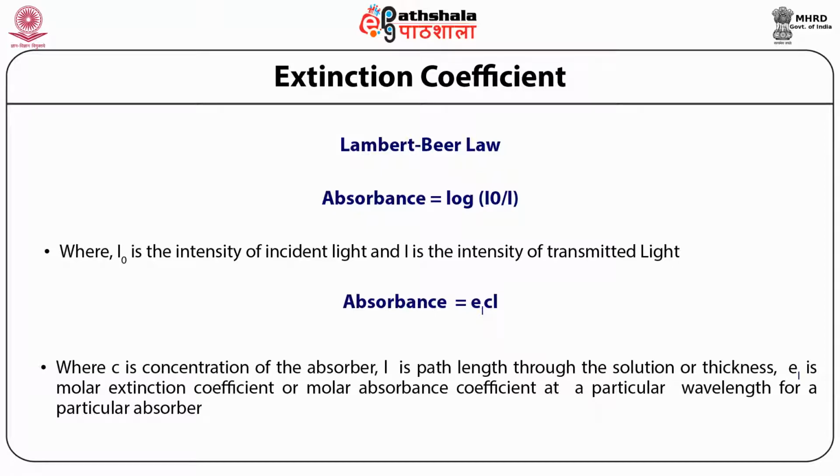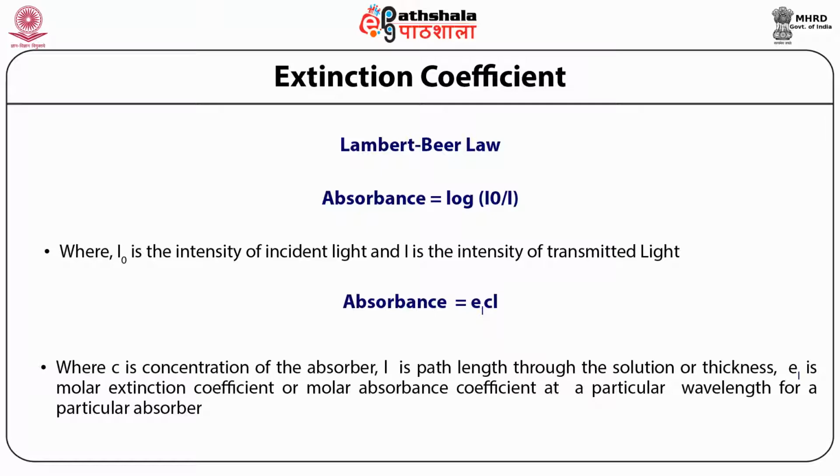This absorbance is simply given by the product of molar extinction coefficient at a particular wavelength for a particular protein with concentration of the absorber protein and path length through which the light passes through the solution, that is the thickness of the cuvette.